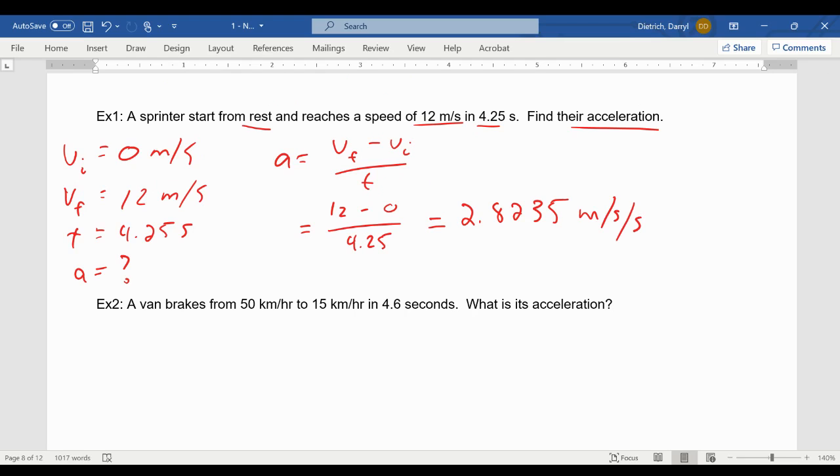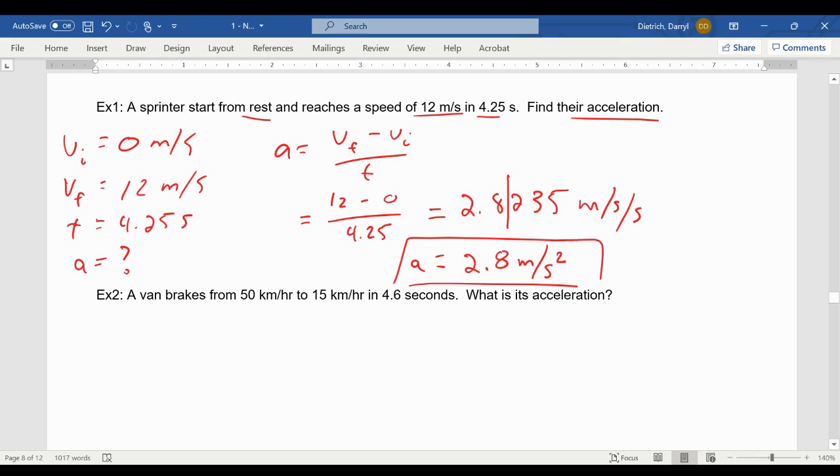Okay, I'm going to go back and look on the left-hand side at my knowns and unknowns and have a think about sig figs. We're going to chop this to 2 sig figs because of our 12 meters per second given in the question. So we'll chop this to 2.8 meters per second squared is our acceleration. Put a box around that guy and it's done. Okay.